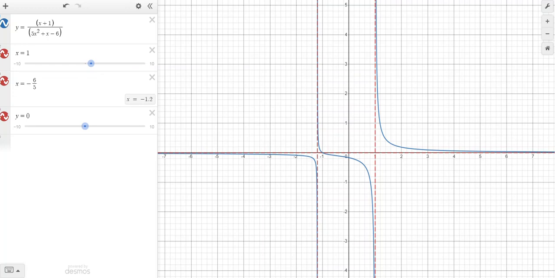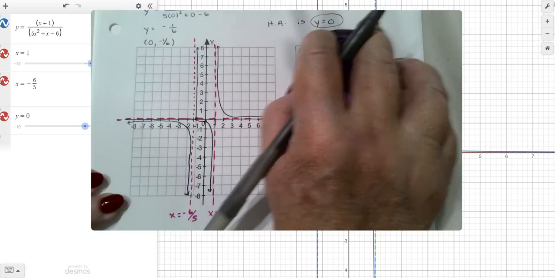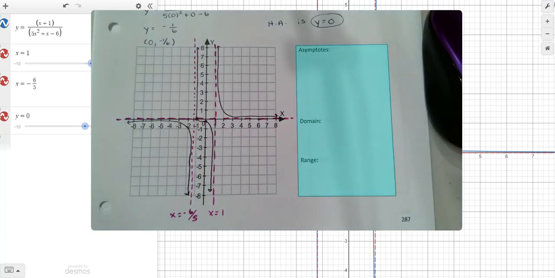Got a little wave shape in between the two asymptotes. And then the right-hand side goes up along the vertical asymptote. It comes down and approaches the horizontal asymptote. So my picture by hand now looks like that.